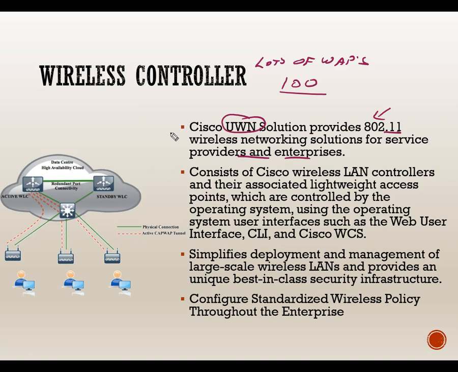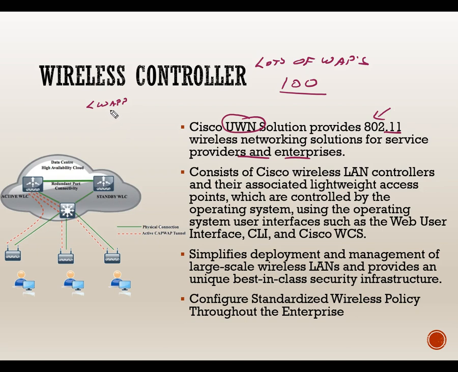In order to be managed by the wireless controller, they have to be a lightweight access point. Interestingly enough, when you buy a Cisco wireless access point, it is one that you would log in to with your web interface. And if you're going to configure a Cisco one, trust me, it's better to do it with the web interface.